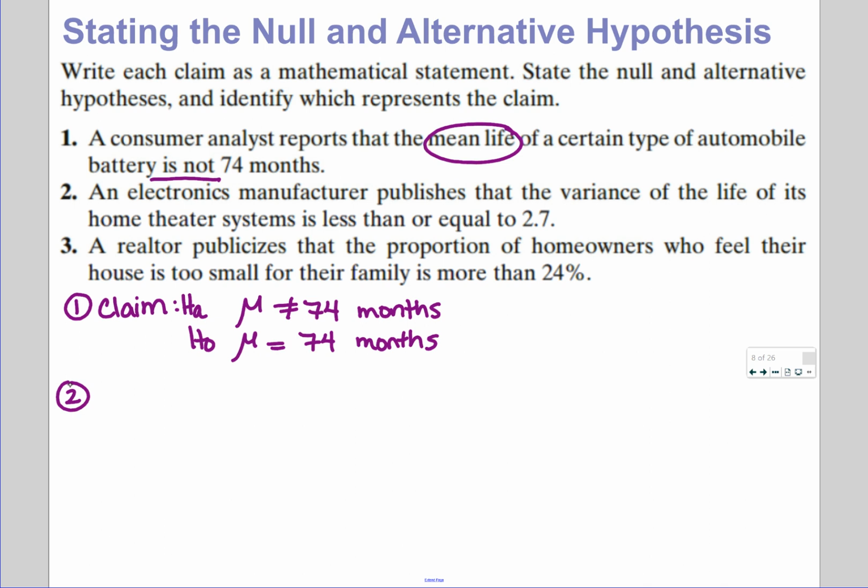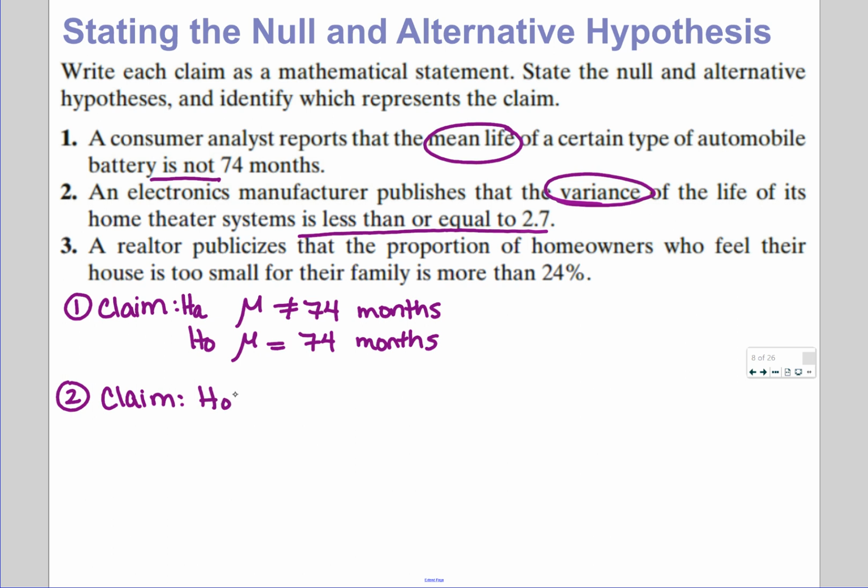All right, second one. An electronics manufacturer publishes that the variance of the life of its home theater systems is less than or equal to 2.7. Okay, so the claim that's being made, is it the null or the alternative? The null.